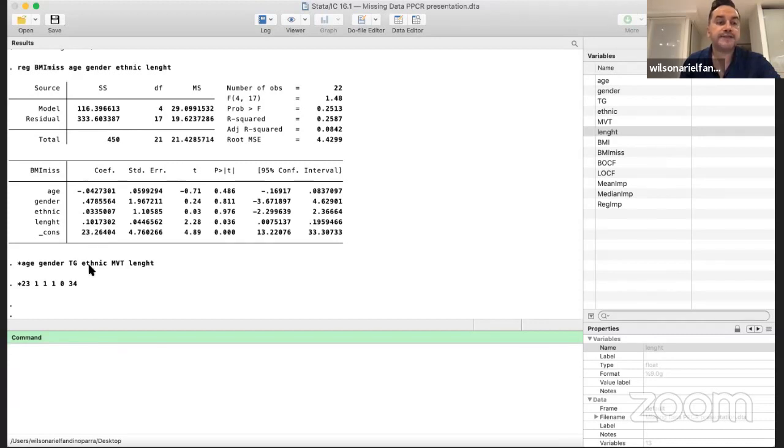When you do this, you will come up with a number, which is going to be the BMI for this patient.